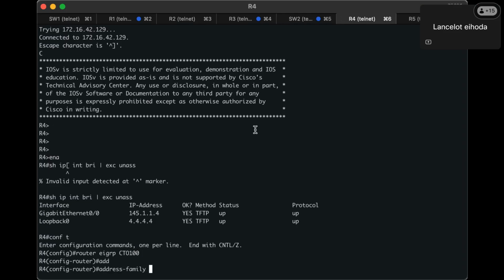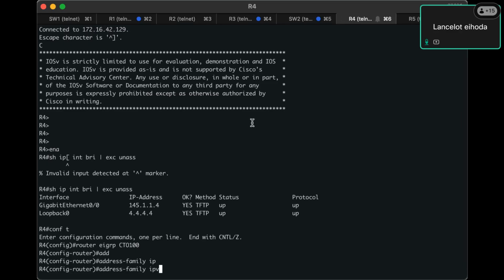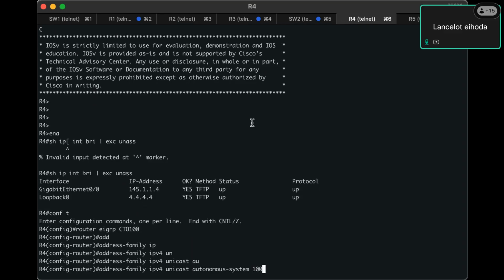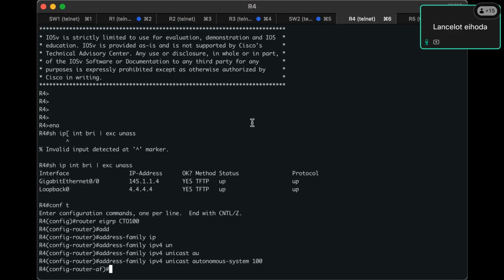As usual, our address family is IPv4, unicast, autonomous system of 100. We already have our networks actually displayed for us, the interfaces that want to participate. So that will be 145, so 1.1.4.